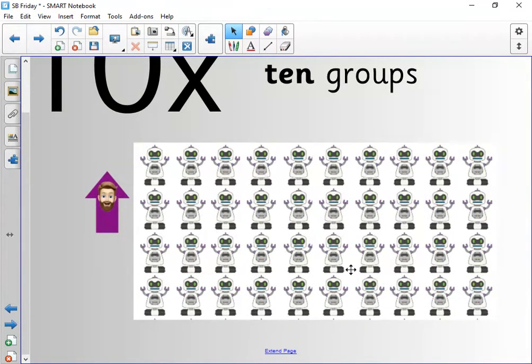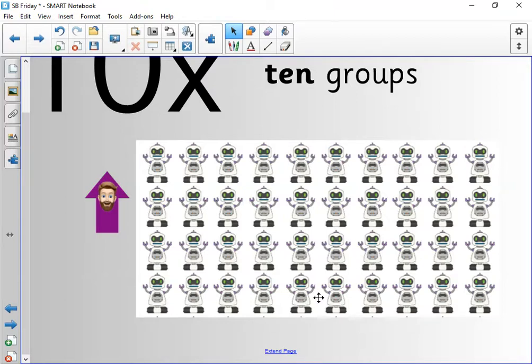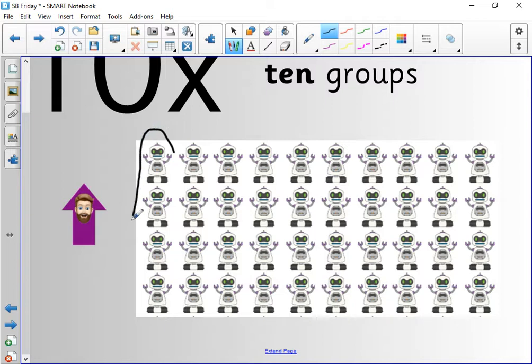So again, I've got an array here of robots. Can you see 10 groups? Not 10 in each group, 10 groups. Are the groups vertically in columns or horizontally in rows? Well, I'm looking for 10 groups, so they go vertically.